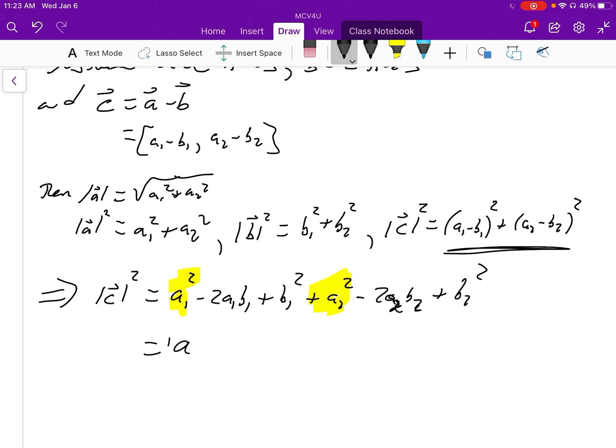So that's the magnitude of A squared, okay? The other thing that we can look at, I'll use a different color here, B1 squared plus B2 squared. Notice that that is the magnitude of B squared. So plus the magnitude of B squared.